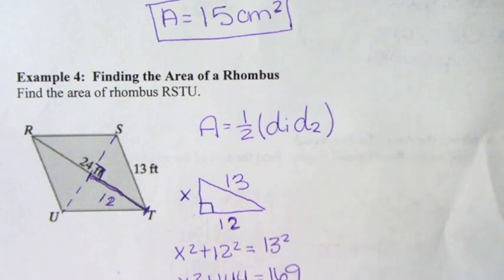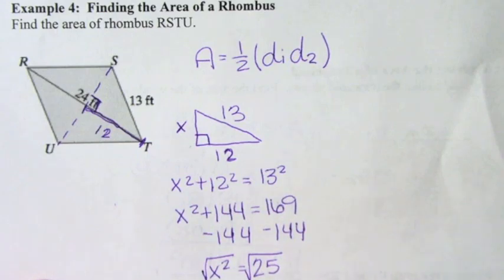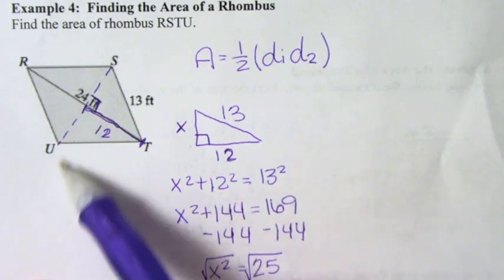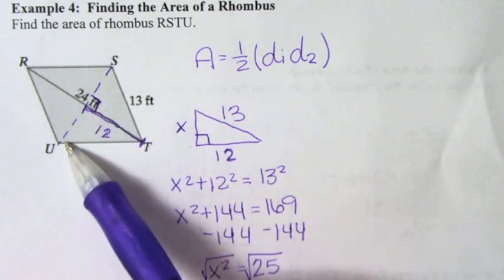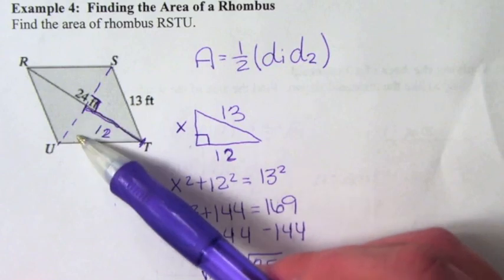Then I have x squared is equal to 25. Then we take the square root, and x is equal to 5. Now, x is equal to 5, but what is our other diagonal going to be equal to? 10, right? 5 here and 5 here.